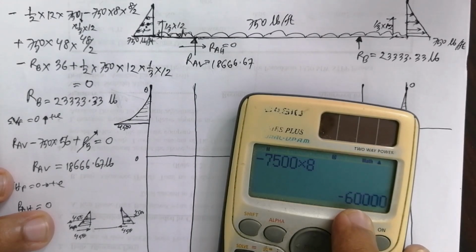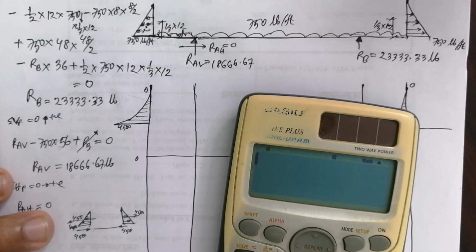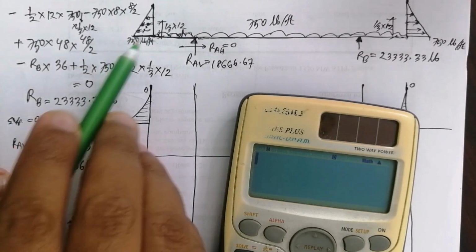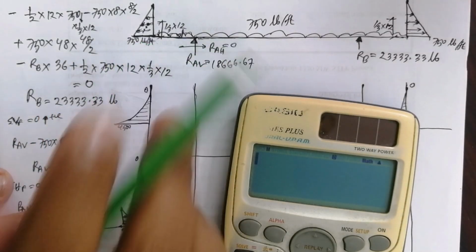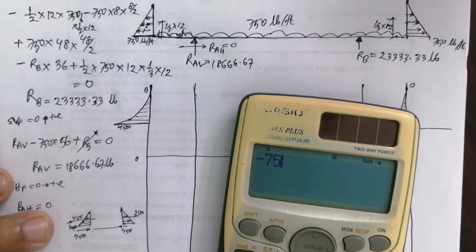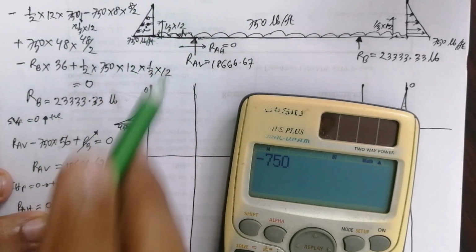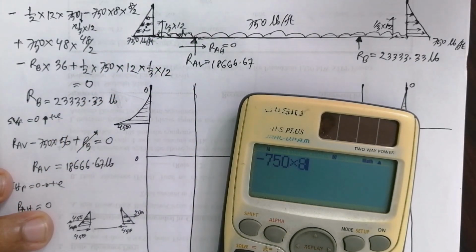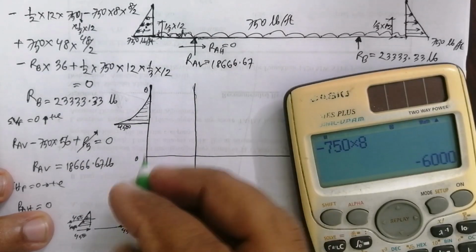So for this section, minus 750, because this force is downward, into 8, so 6000.